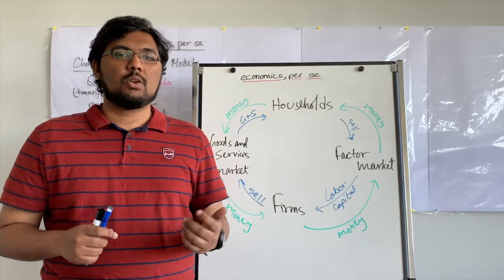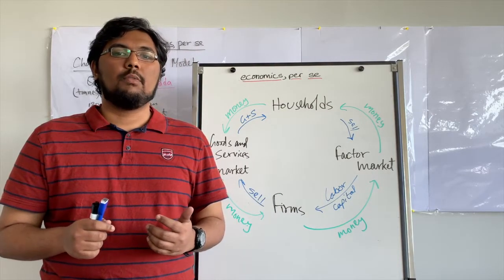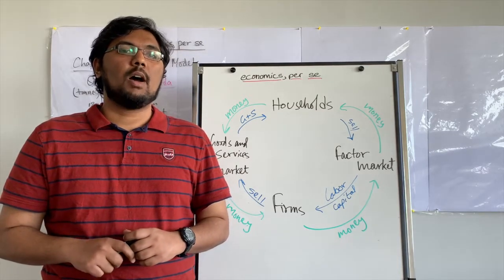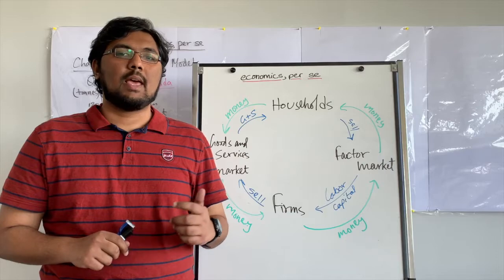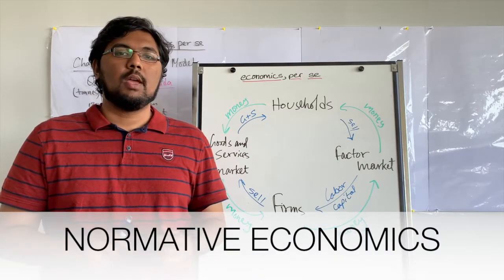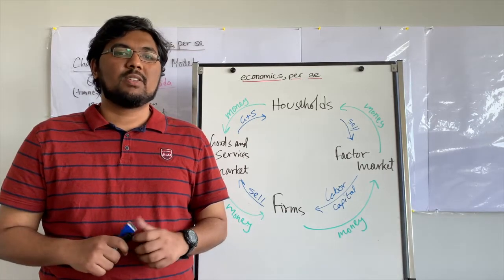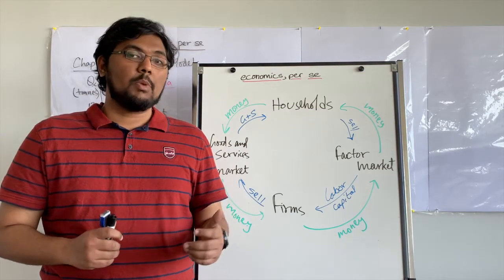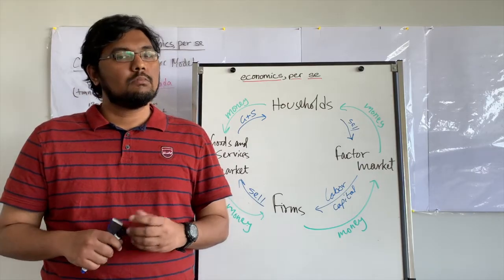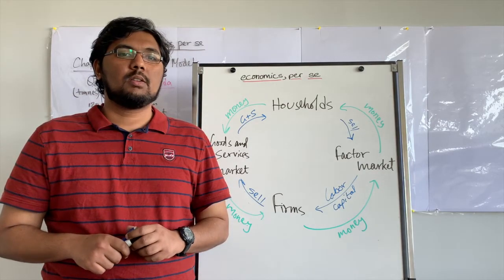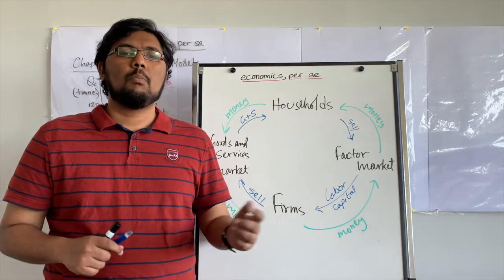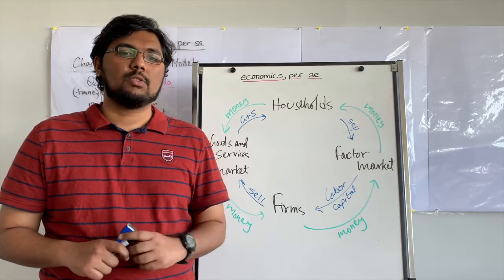This branch occupies most of the time and effort of economists through economic research. The other branch of economic analysis is normative economics, which makes prescriptions about the way an economy should work. This is what the policymakers use to recommend a policy. We will learn more about this in the later videos.